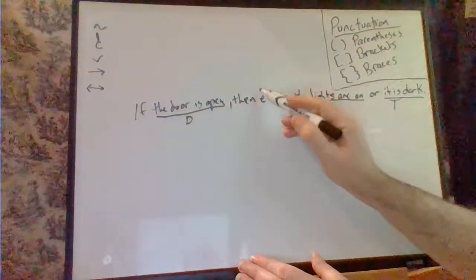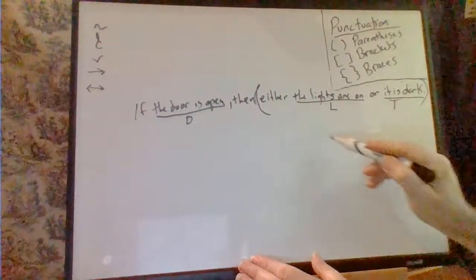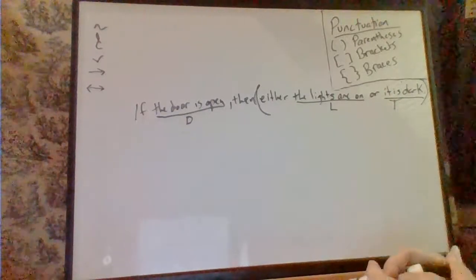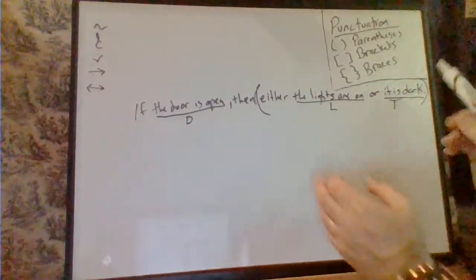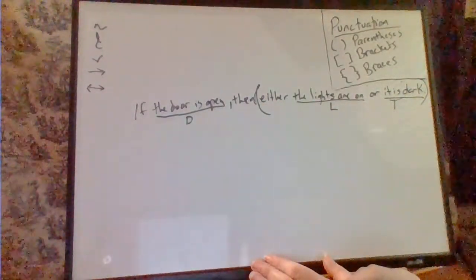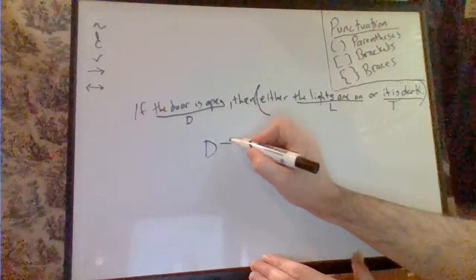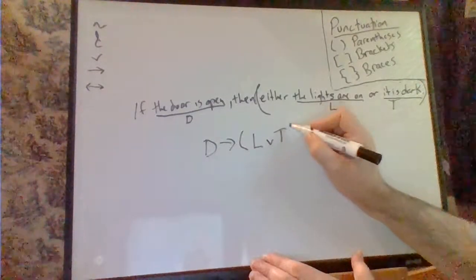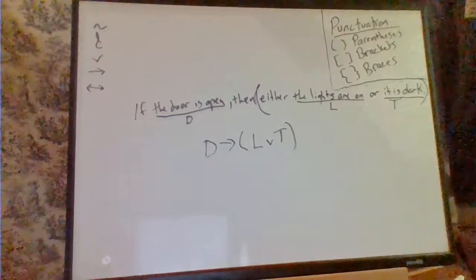In this case, the consequent is itself an either or, a disjunctive statement. So the parentheses go around that disjunctive statement to show that the whole thing here implies or gives us the consequent. So I would write this D arrow and then in parentheses L wedge T, just like that. And that would be the proper symbolization for it.